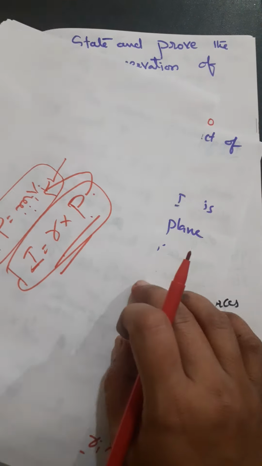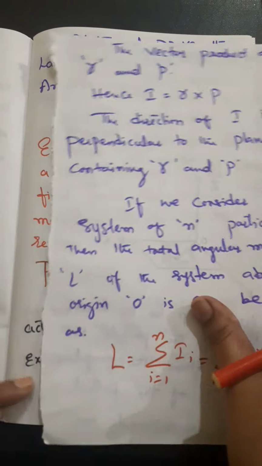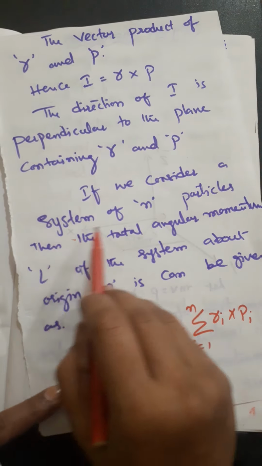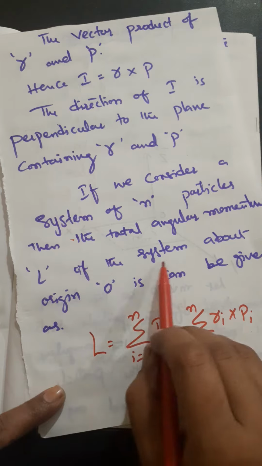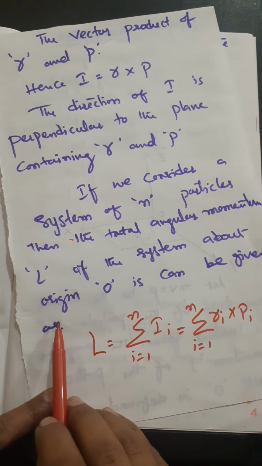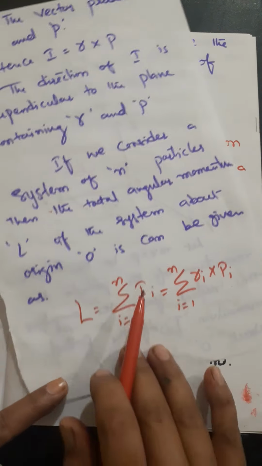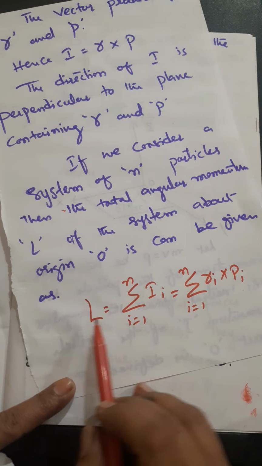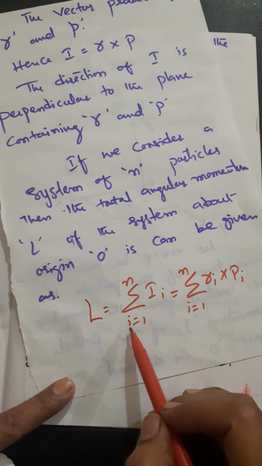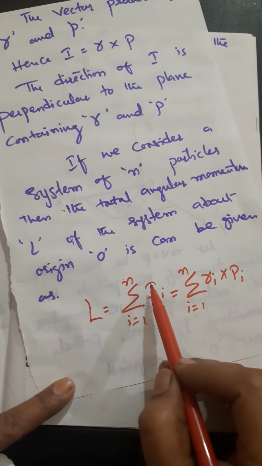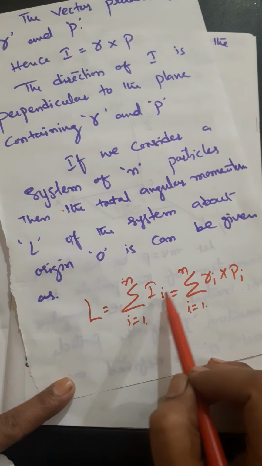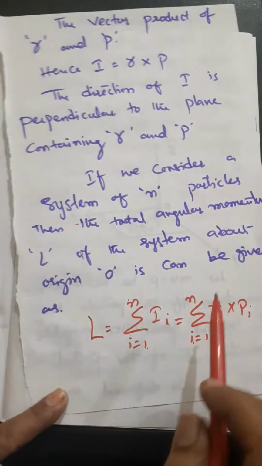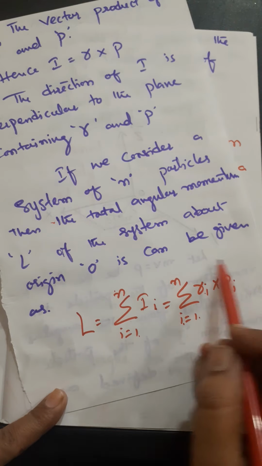Now let us consider a number of particles. If we consider a system having n particles, then the angular momentum of the system about origin O can be defined as follows. If a number of particles are there, I can write L is equal to the summation from i equal to 1 to n of l_i, which is the summation of r_i cross p_i.